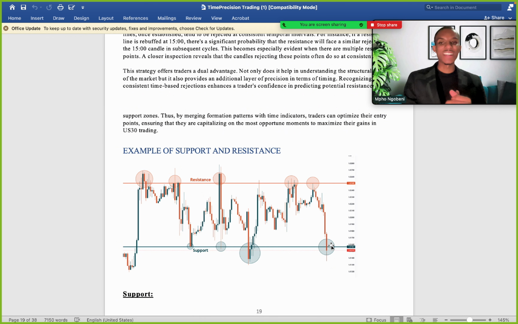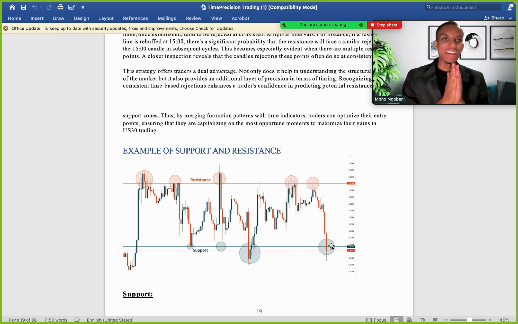So time precision trading goes beyond that. If you don't know what a support is, how to find a support or a resistance, those are basics, and I don't usually cover basics. I cover time precision. You have to know your basics before you can understand time precision perfectly.